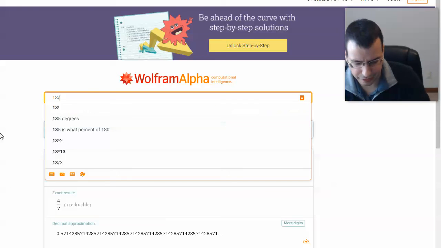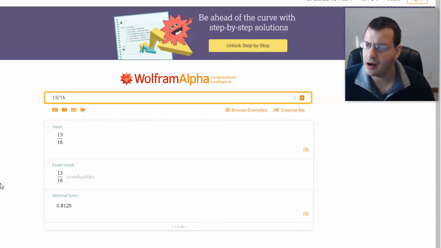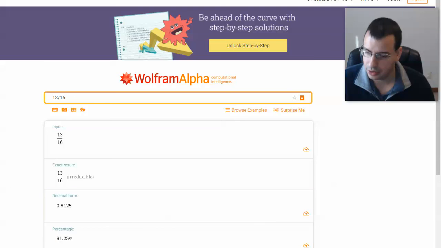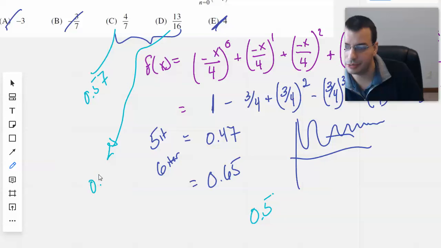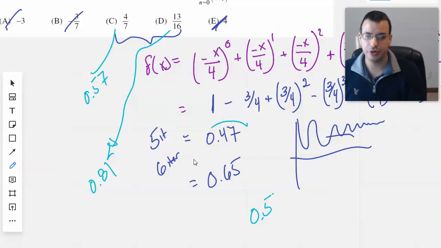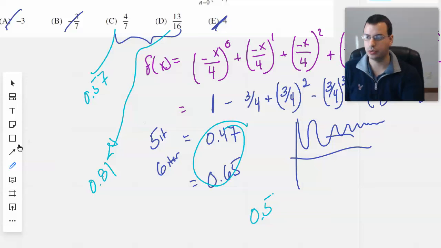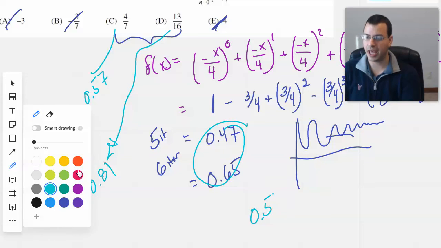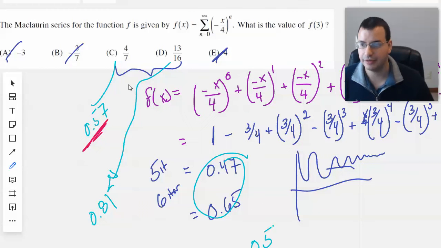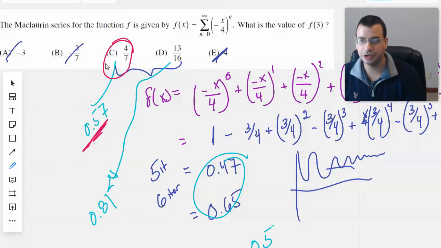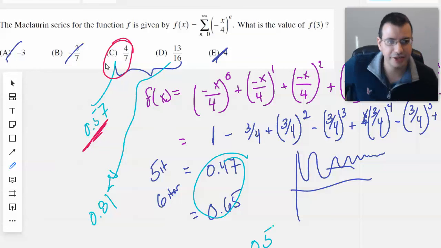That's like 3/4, I think. 0.81. Okay, so we know the answer has to be between these two, and the only answer we have that is between those two is 0.57, which is 4/7. So the answer is going to be 4 divided by 7.